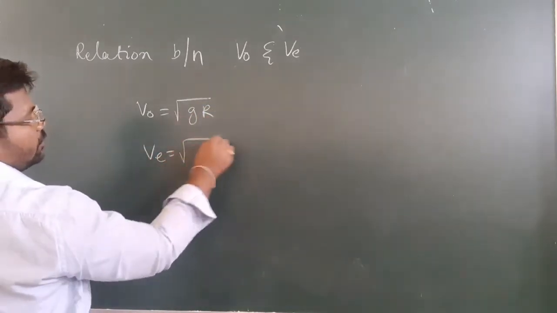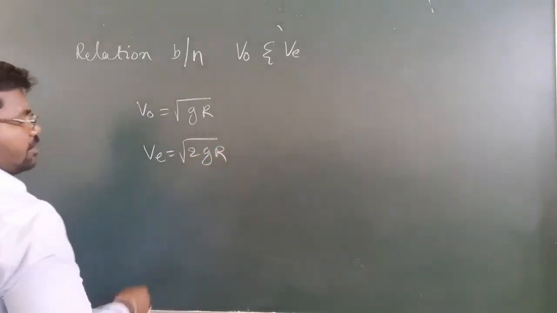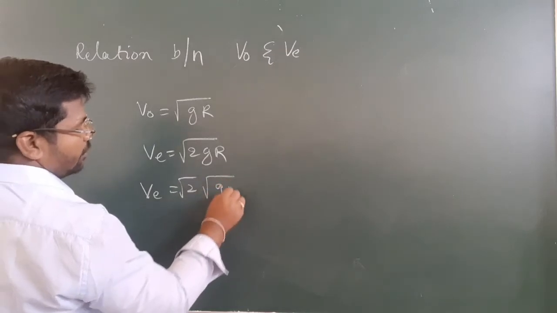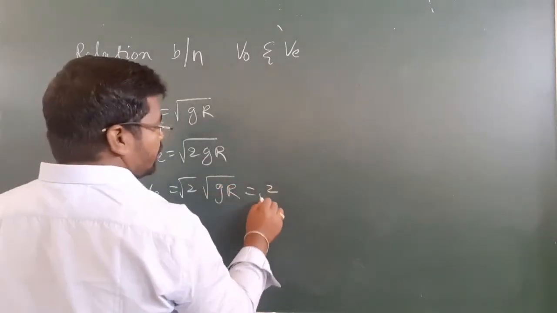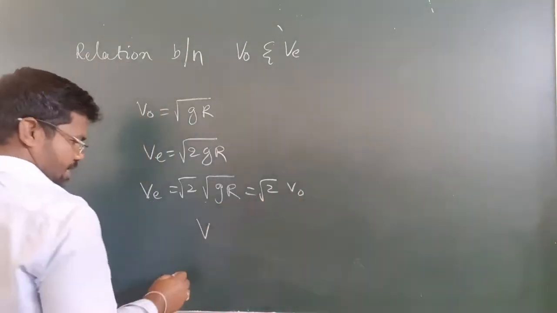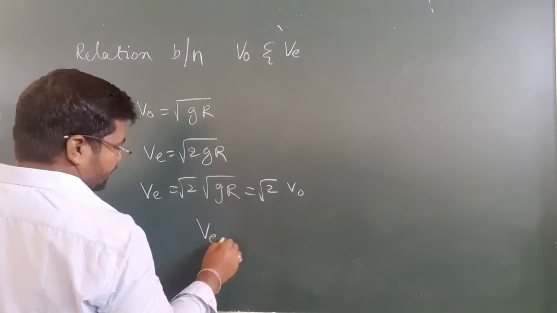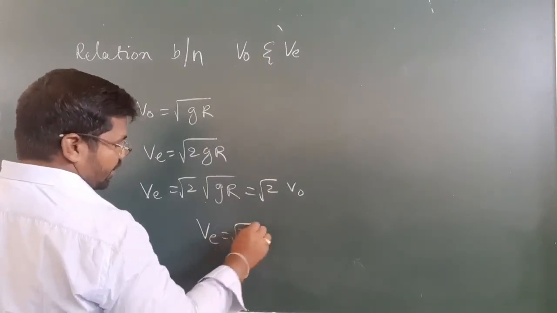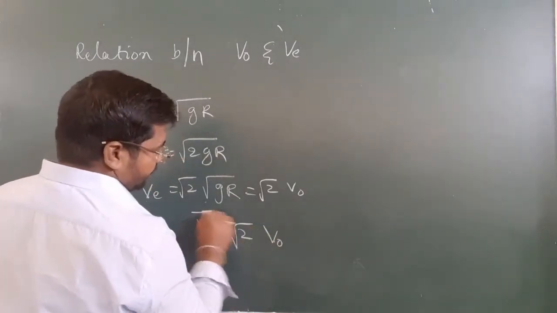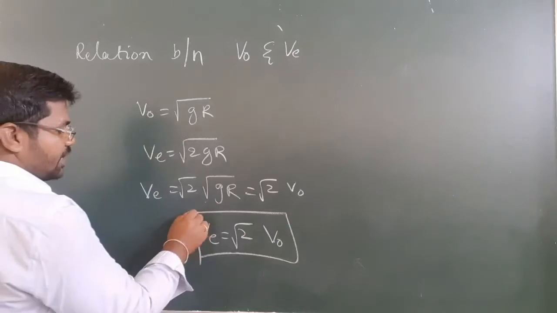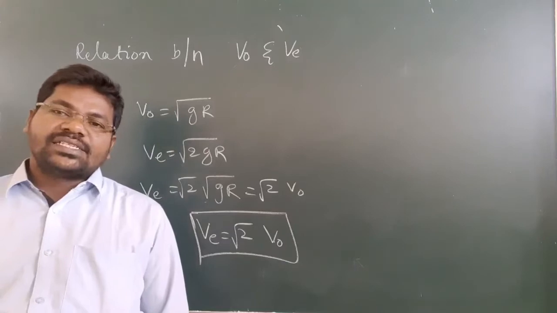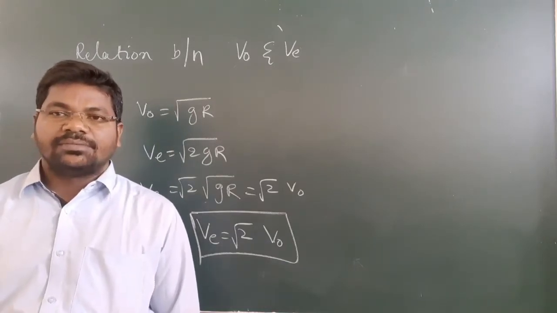Escape velocity is equal to root of 2 g r. We can write this as root 2 into root of g r, which is root 2 times v0. So finally, the relation between escape velocity and orbital velocity: escape velocity is root 2 times the orbital velocity.